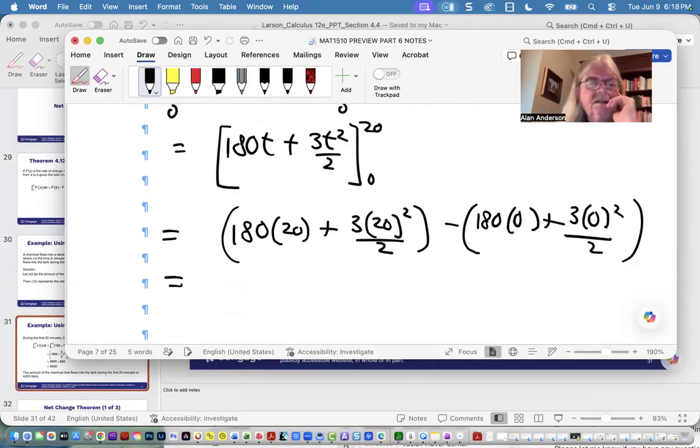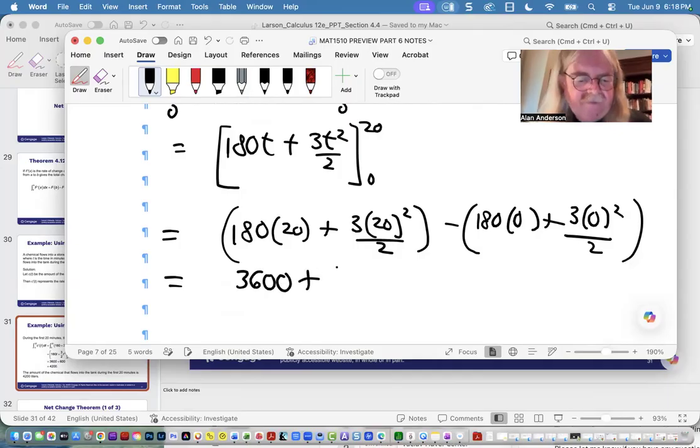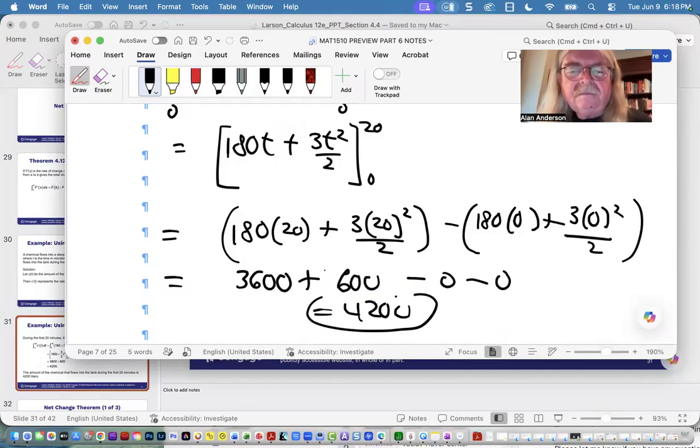So we've got 180 times 20, which is 3,600. Then we have 600, and minus 0, that gives 4,200. I guess that would be liters.